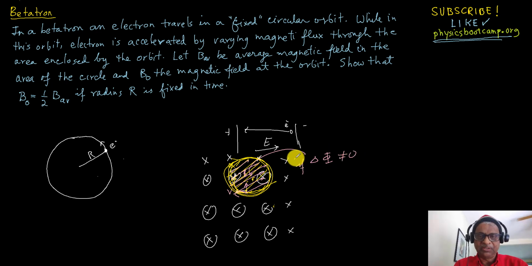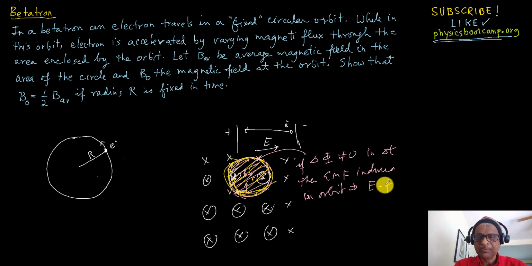If delta phi is not zero in some delta t, then in the orbit of the electron there will be an induced EMF, and that means an electric field, and that means an electric force.